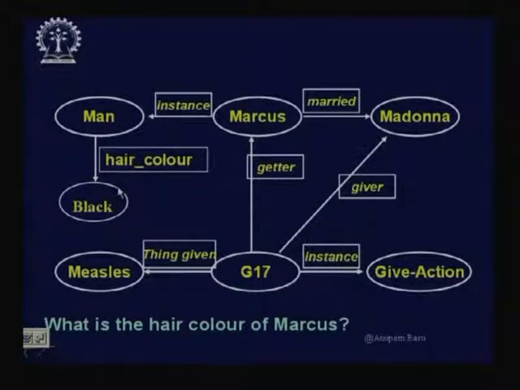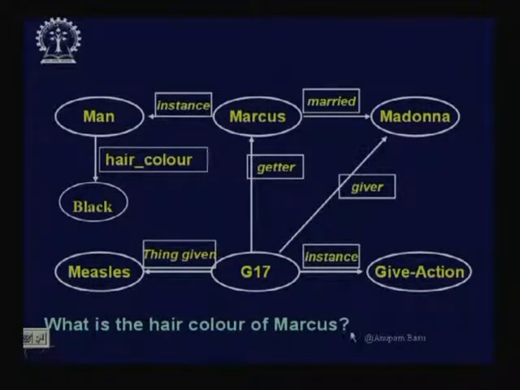It is default, because we are assuming there are people with hair color brown and other types. Marcus is an instance of man, and Marcus is married to Madonna and whatever. Now, this is a semantic net. Marcus gave Madonna measles, that sort of example we have already seen.